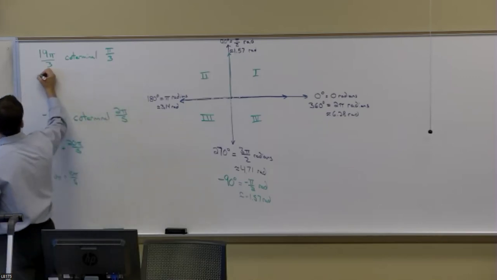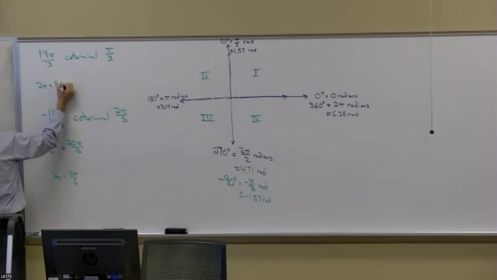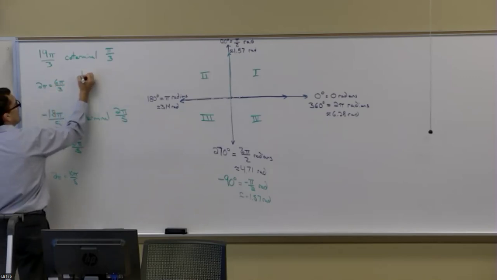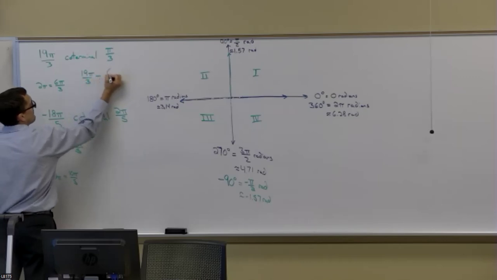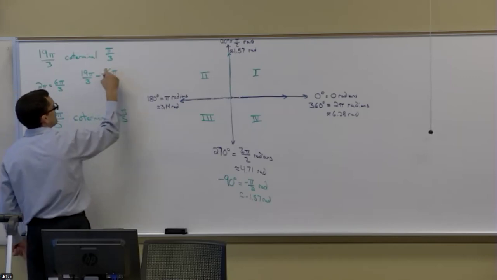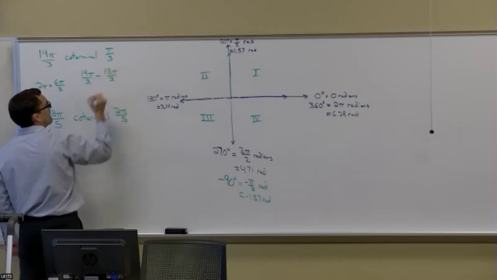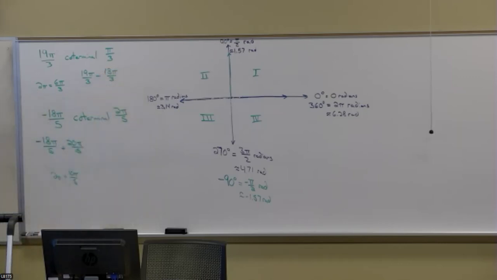Same thing here, 19 pi over 3. If I'm thinking about a denominator of 3, 2 pi is like 6 pi over 3. So if I take 19 pi over 3 and keep subtracting 6 pi over 3, 3 times, so 6 times 3 would be 18, and 19 minus 18 is 1, so you get 1 pi over 3.